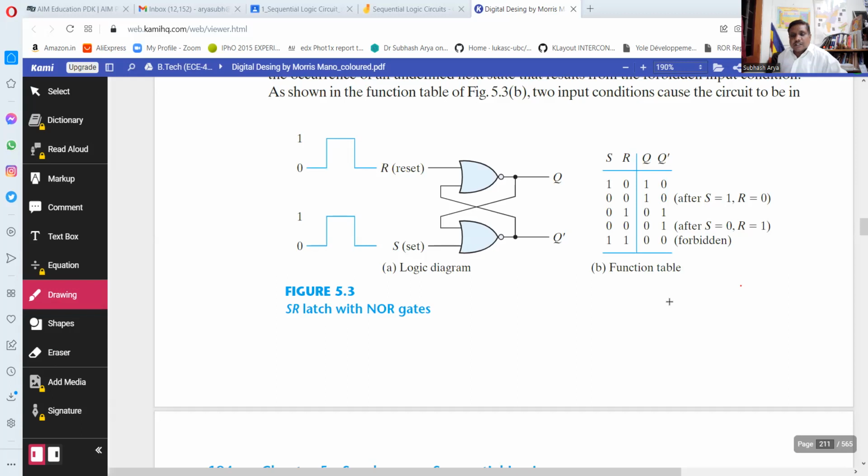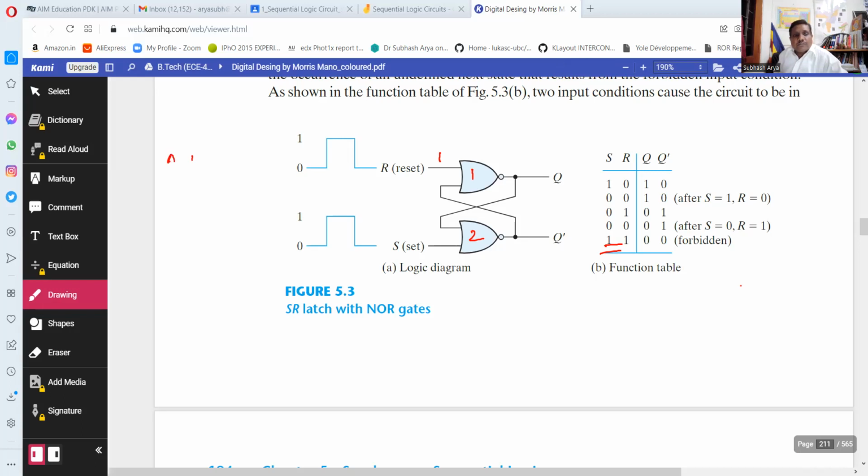Same goes with the NOR gate also, same structure, NOR gate 1, NOR gate 2. Suppose this is 1 and this is 0. We have to understand about this NOR gate, in which condition the NOR gate gives the output 1. So you can write here NOR gate output.